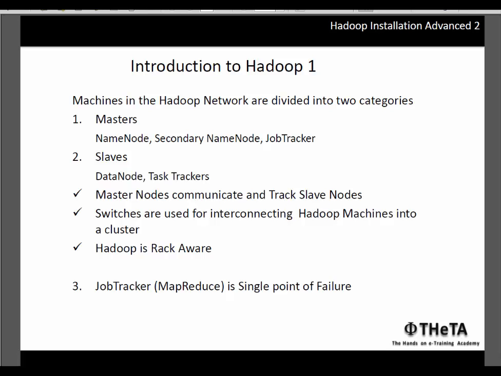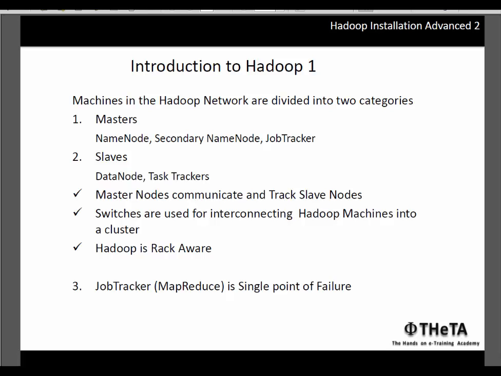So we have seen earlier, machines in Hadoop are divided into master nodes and slave nodes. So this is Hadoop 1 basically. There are fundamental differences between Hadoop 1 and Hadoop 2, especially in architecture and different daemons.